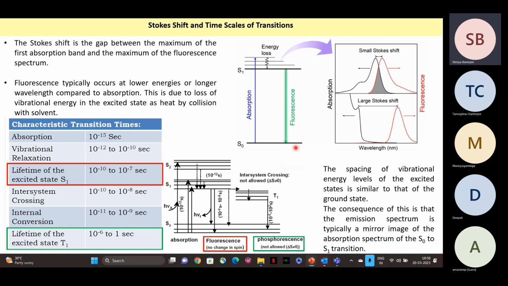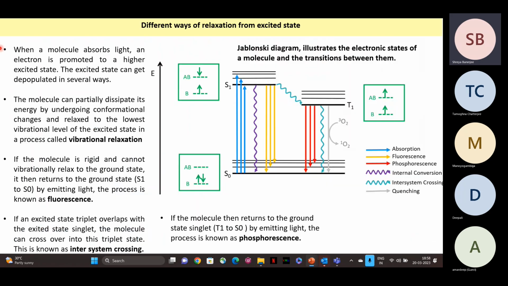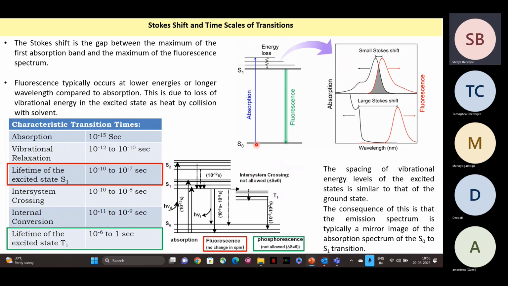So right now we will be focusing only on fluorescence, which is the transition between two singlet states. Before fluorescence, there must be absorption. In absorption, the electron is promoted from the ground singlet state to the excited singlet state. Then suppose it goes to the fourth vibrational level of the S1 state.